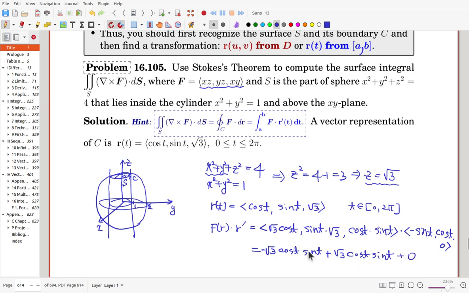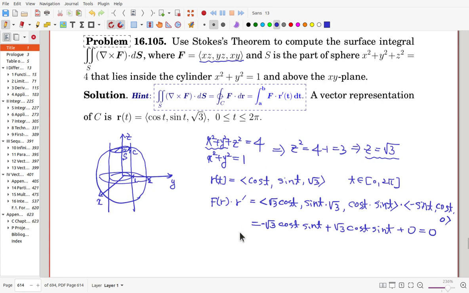One is negative, one is positive, so we have 0. In this integral, the integrand becomes 0, so the given integral is from 0 to 2 pi of 0 dt, so it must be 0. That is the final answer.